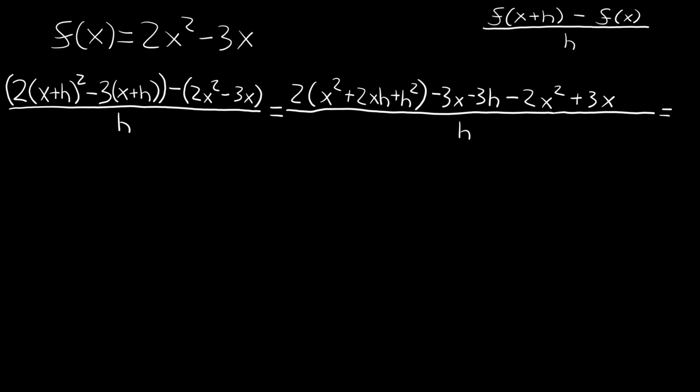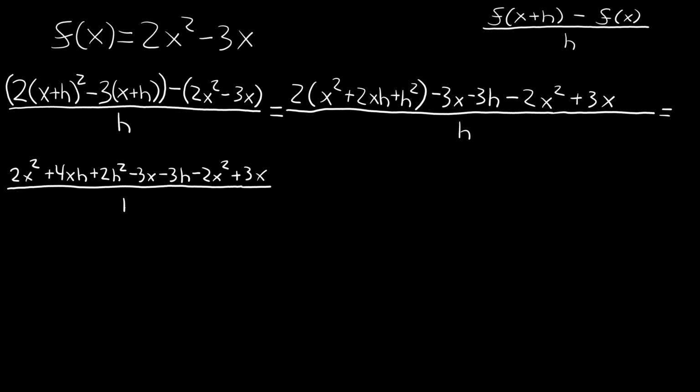So now we can distribute this too. So 2x squared plus 4xh plus 2h squared minus 3x minus 3h minus 2x squared, then plus 3x all over h. So now we can cancel out.